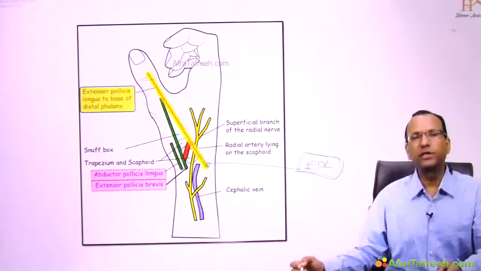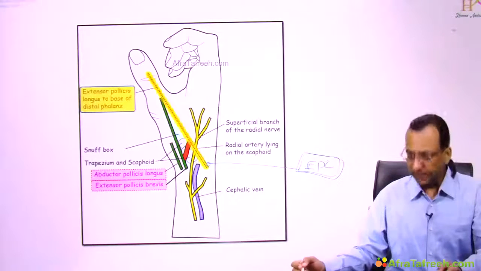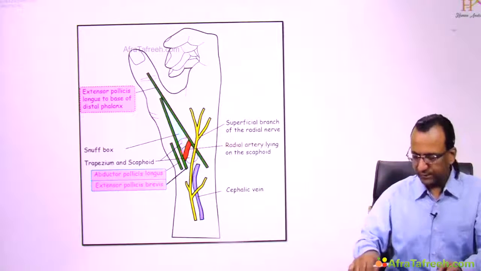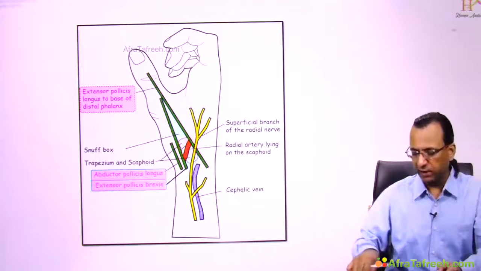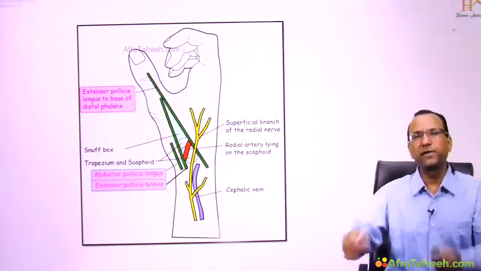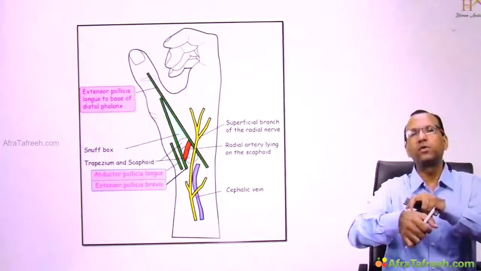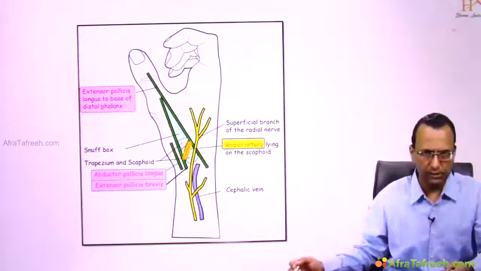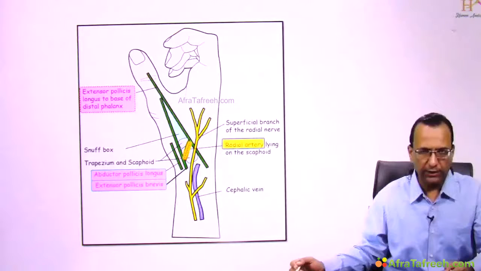Then what is the content? The content is the radial artery, and you can take the radial pulse by compressing the radial artery against the floor, which is made by a bone. Which bone?